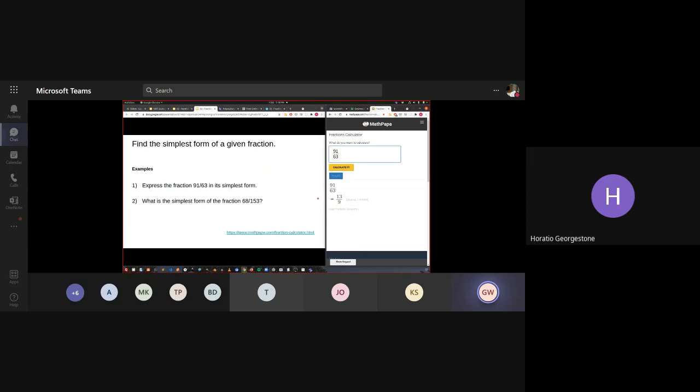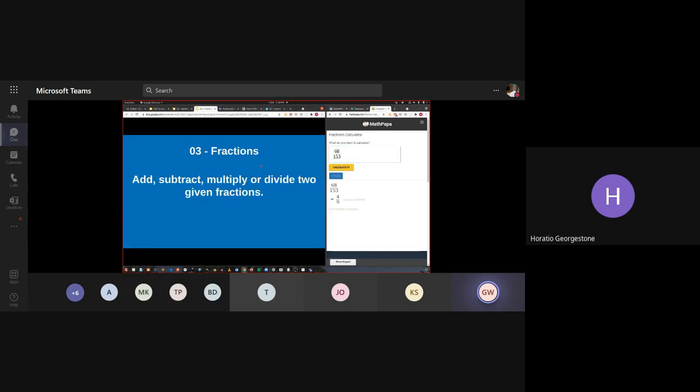If we type in the other fraction, which is 68 over 153, the calculator will simplify that to 4/9. So that's really easy.